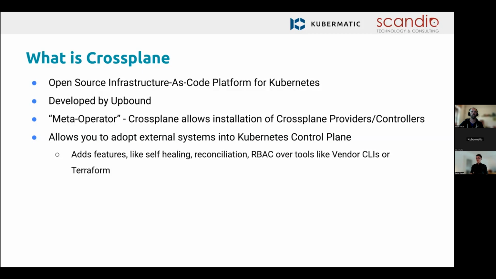And the main selling point is it allows you to adopt an external system like AWS or Azure and the services and what's called resources they offer into management into the Kubernetes control plane, which comes with the usual benefits like self-healing, reconciliation, a consistent RBAC experience, and basically removes any CLI utilities from your developers' machines, and all your deployment will be done using Kubernetes on your clusters.